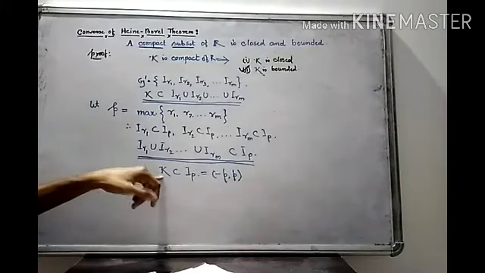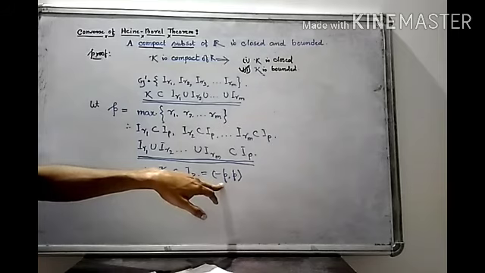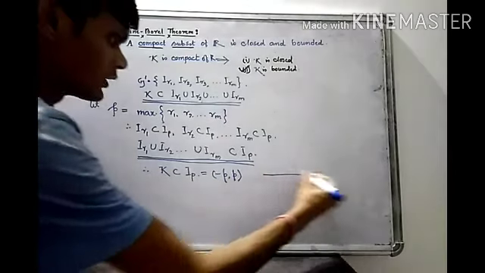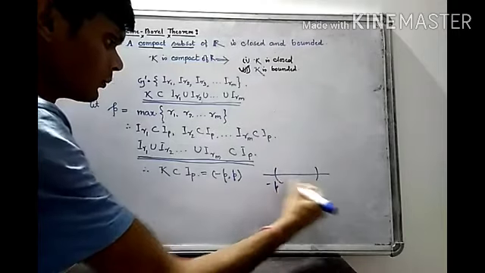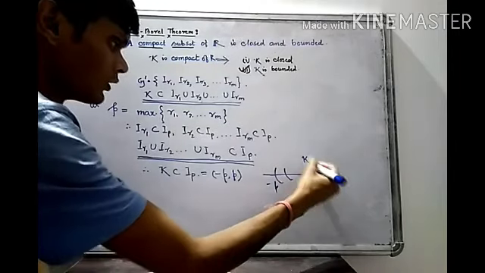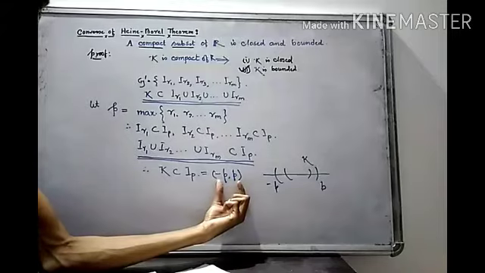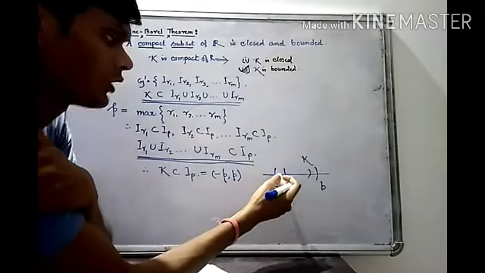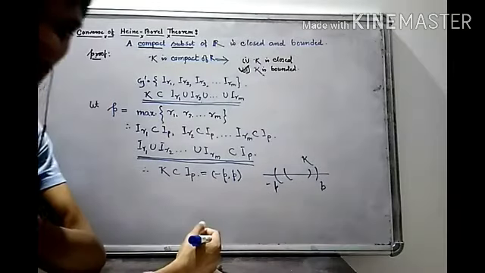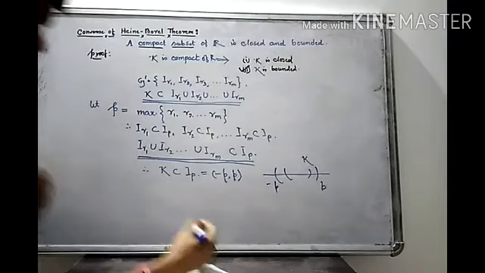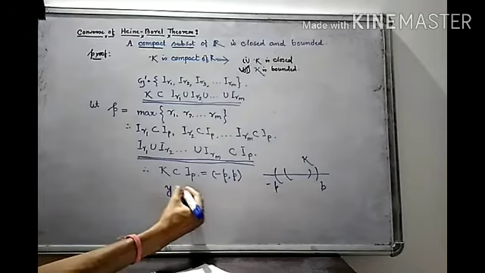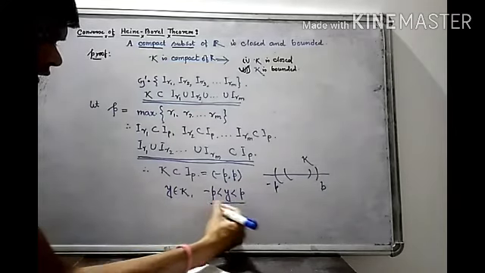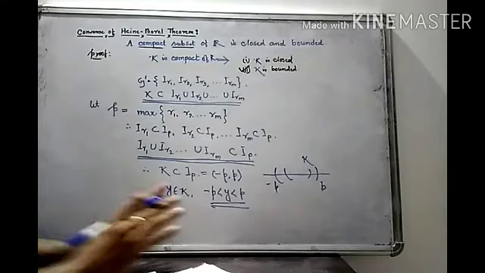That means if K is a subset of this open interval, then if we take any element, look at the diagram, this is minus P to P and this is K. Now K is contained in this open interval. That means if we take any element from the set K, it always lies between minus P and P. That means for any element y taken from K, we can say that minus P is less than y is less than P. Clear up to this part?